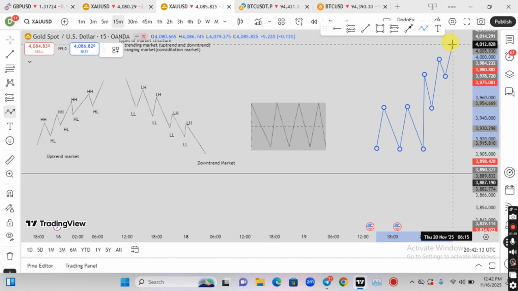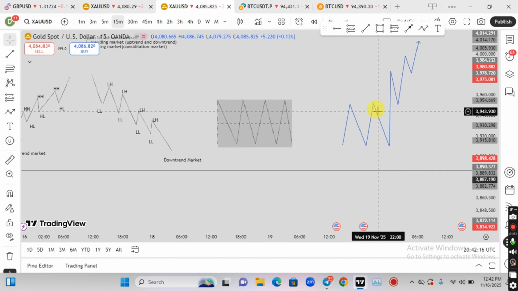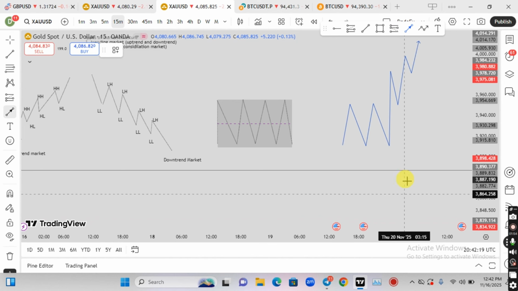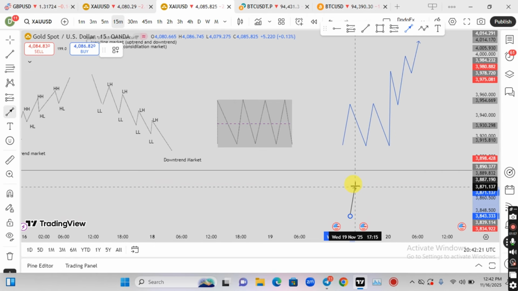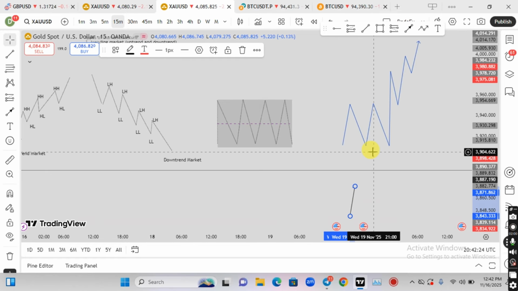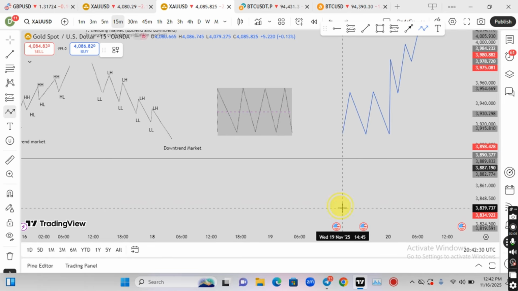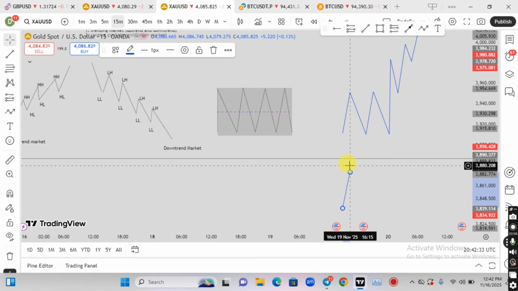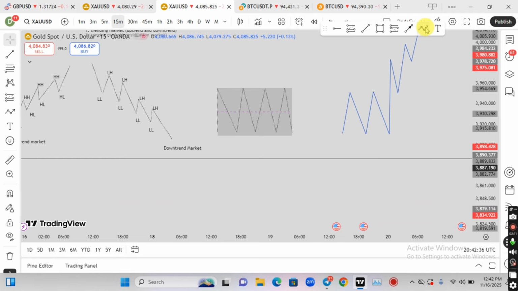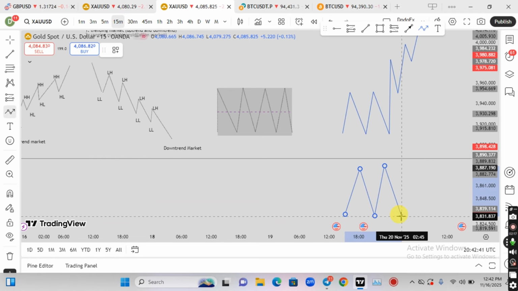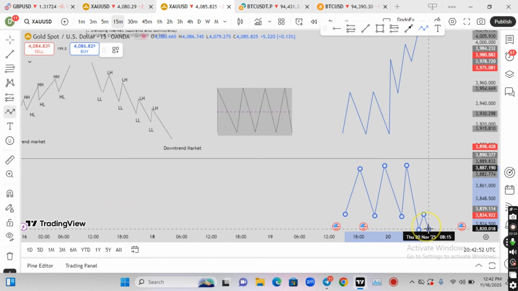Or if price ranges from one zone to another zone, and then it decides to break these zones, then on the pullback, that's where you find your entry for selling opportunities.